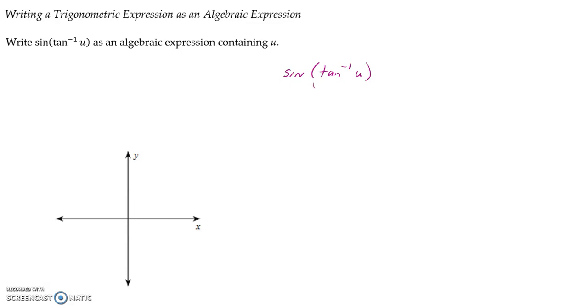I'm going to go ahead and let theta be my portion that you see inside these parentheses, and that's going to change my question to finding sine of theta. Right? So the fact that we let this set of parentheses be equal to theta is going to help us.